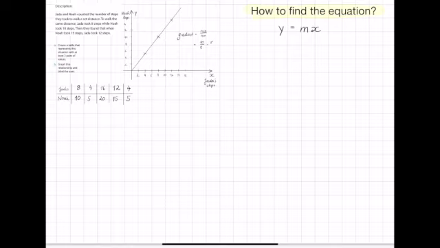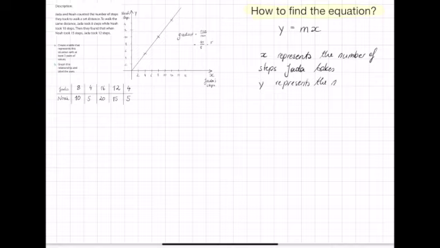Now, in our case here, x represents the number of steps Jada takes, and y represents the number of steps Noah takes.